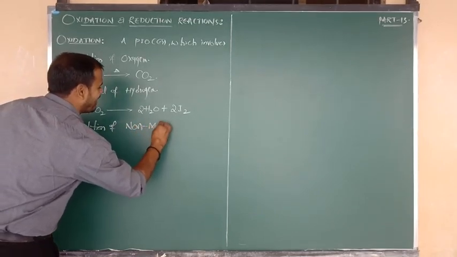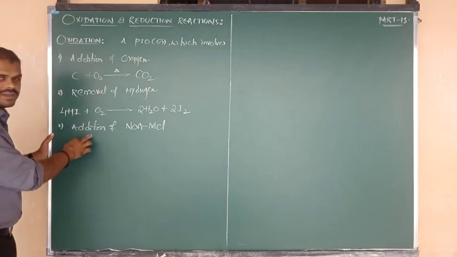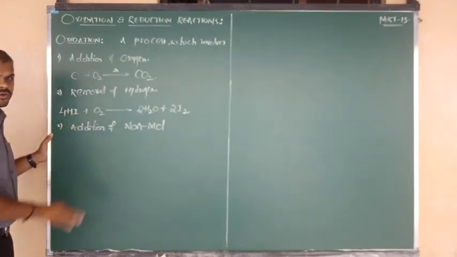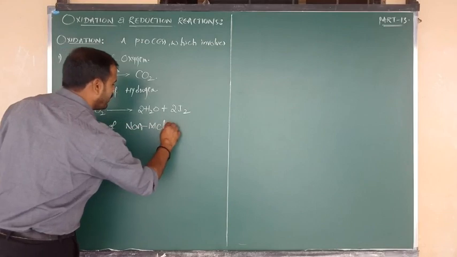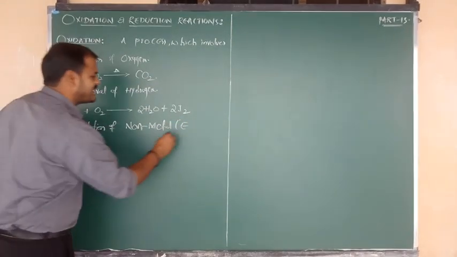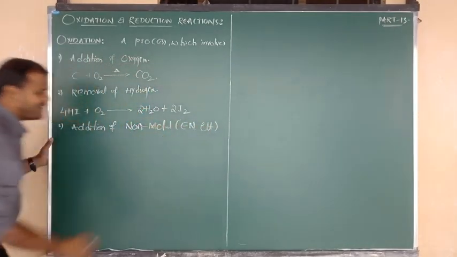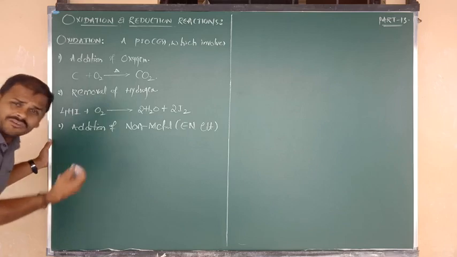Very important. You know the above two definitions, but this definition you may not know, so focus on it also. Addition of non-metal, but non-metals have more electronegative nature. Simply we can say addition of an electronegative element. Non-metals are electronegative in nature.